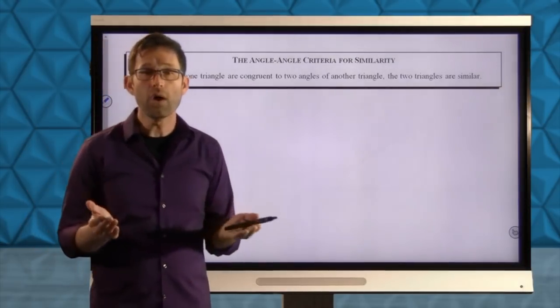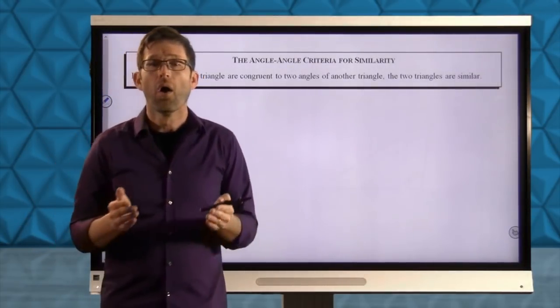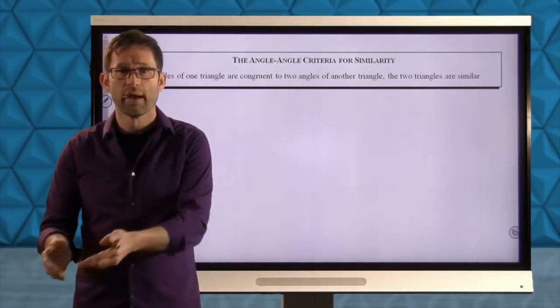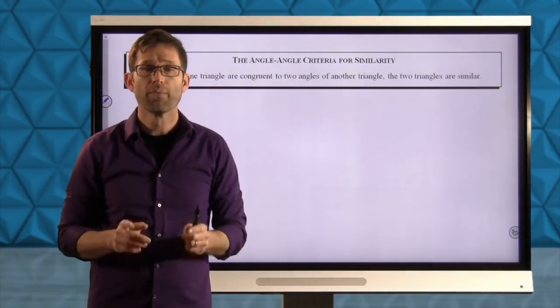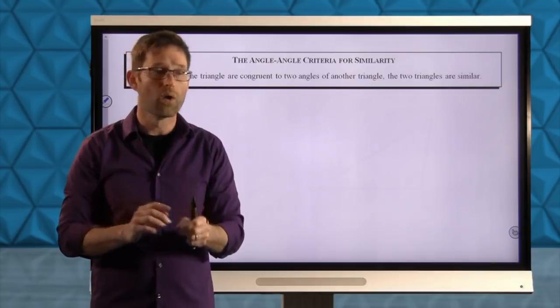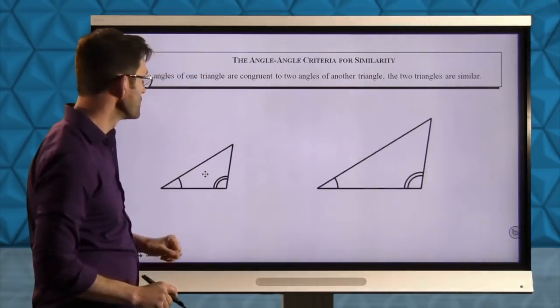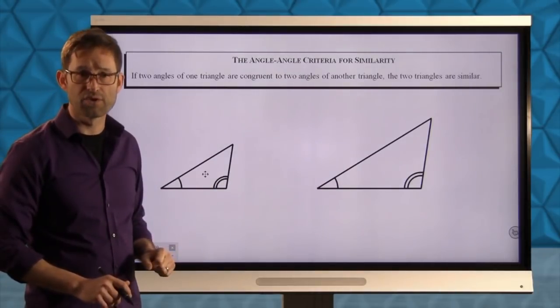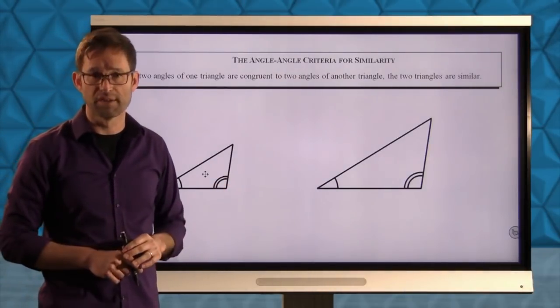All right, now we know if two triangles are similar, you really have angle-angle-angle. These two angles are equal, these two angles are equal, these two angles are equal. But simply if we know that two pairs of angles of one triangle are equal to two pairs in this triangle, then the two triangles must be similar.